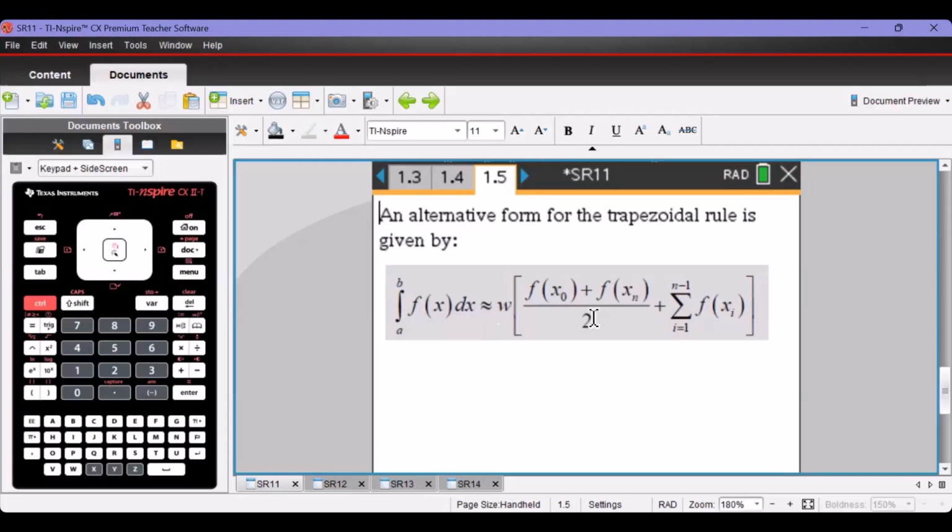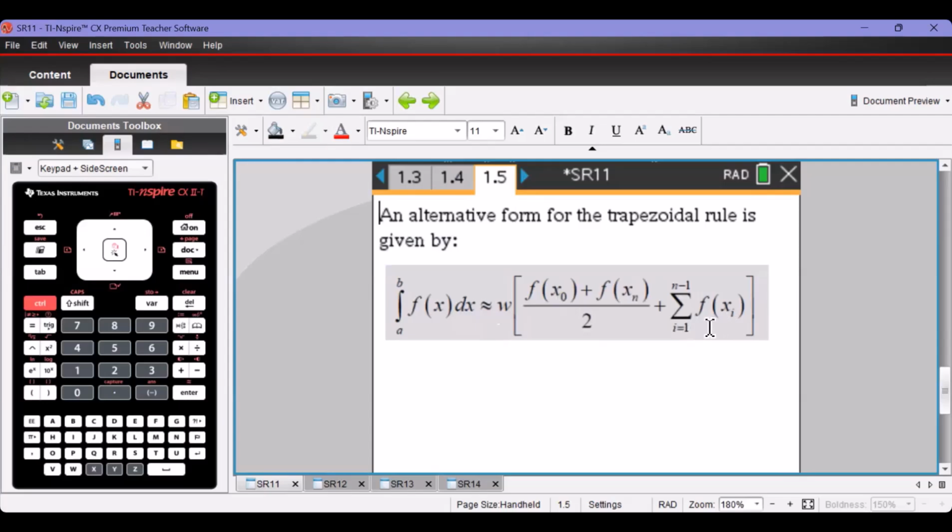So in our example, it would be f of 0 plus f of 3 divided by 2, plus a sum from i equals 1 to n minus 1 of f of xi. And basically, that's the sum.